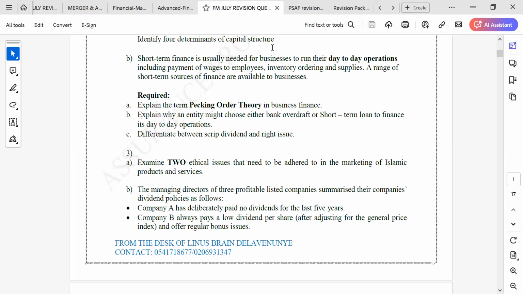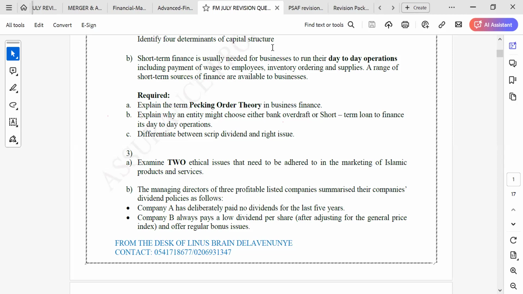The product should be in asset form. Wealth should be generated through capital assets. So you should only market capital items or capital products, Islamic products that are of capital nature.